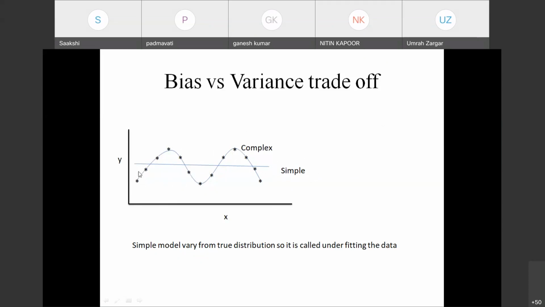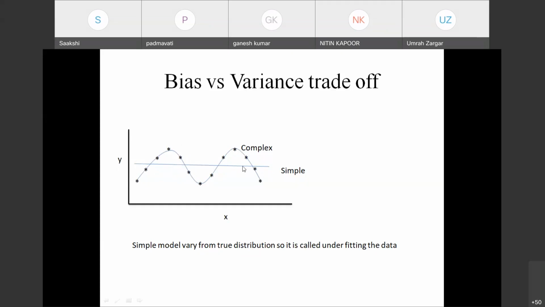You can very well see that when you build the model using this simplest model, w1x plus b, it is not giving a good result for these training data points. It is because there is only one parameter to learn. So based on one parameter, it has simply drawn the line like this.